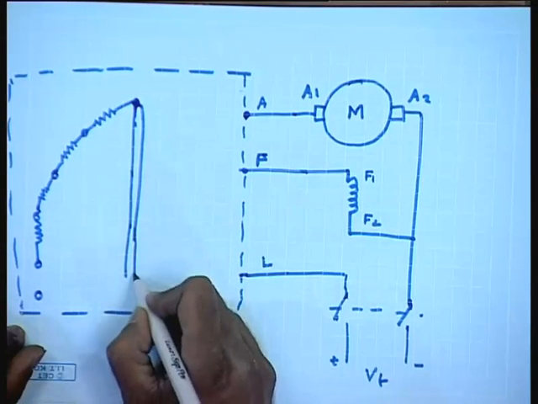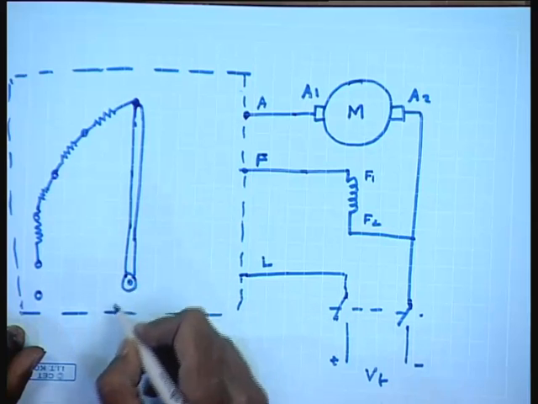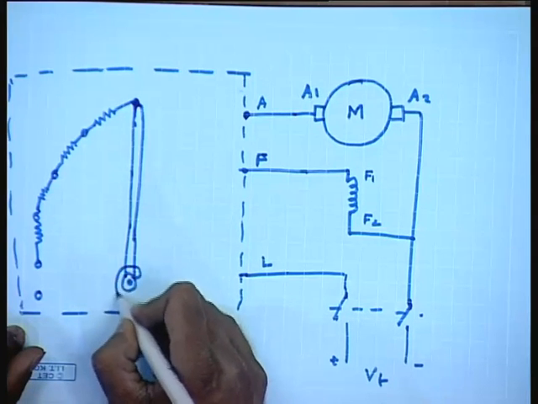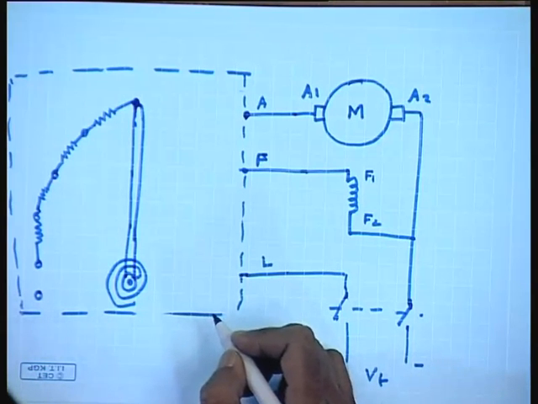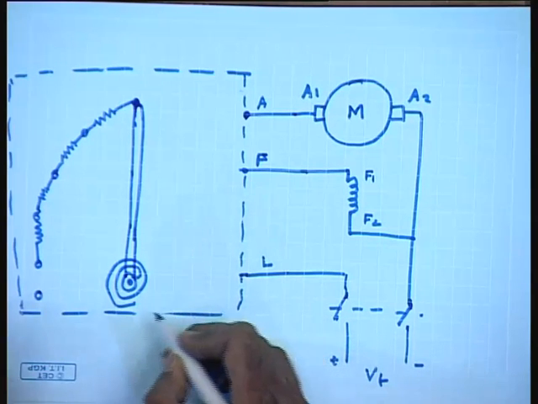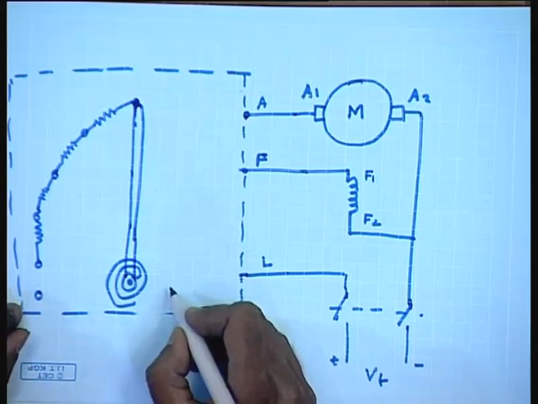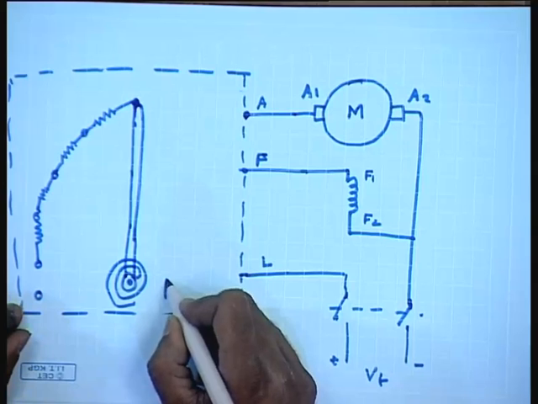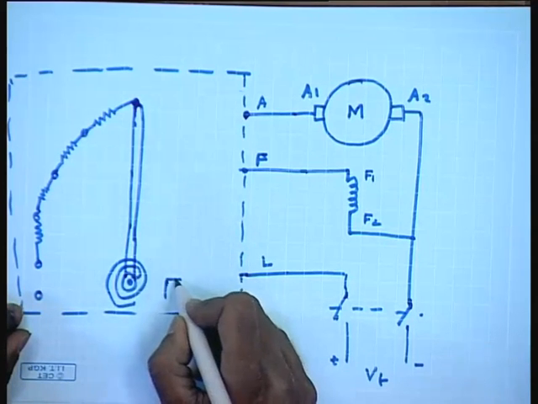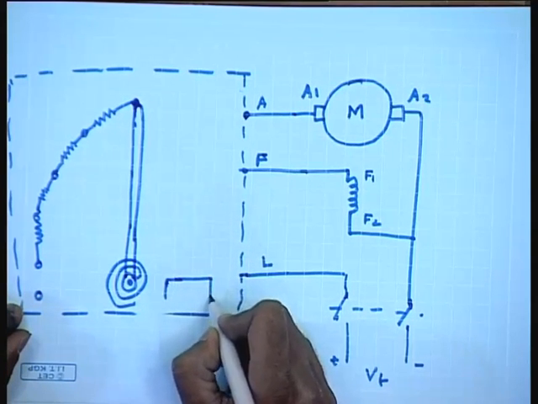This handle is spring loaded. This load line is connected to this spring and to this handle through an electromagnet.